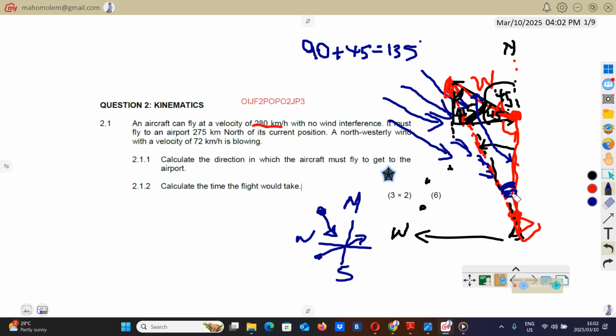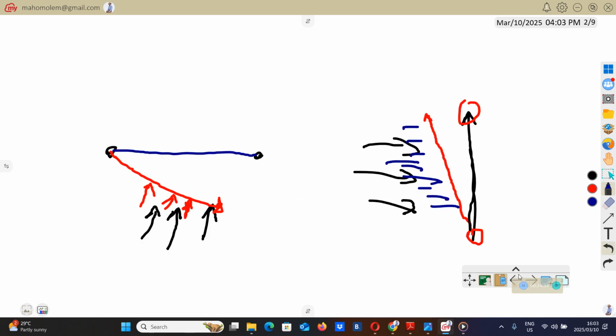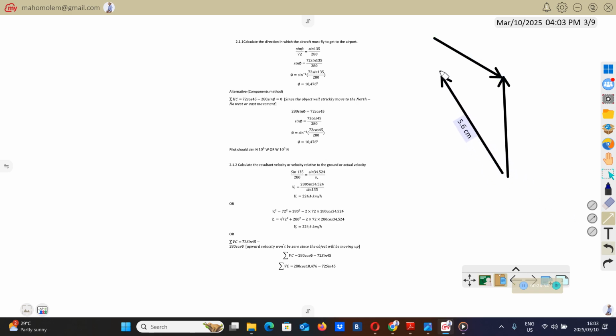So to find this angle here, let me quickly draw that here. From that triangle, we have this, and this, and then we're going to have this.